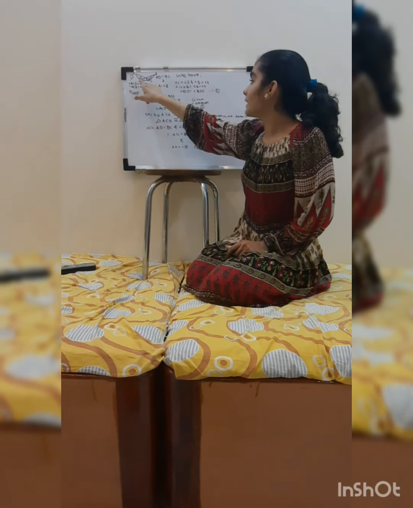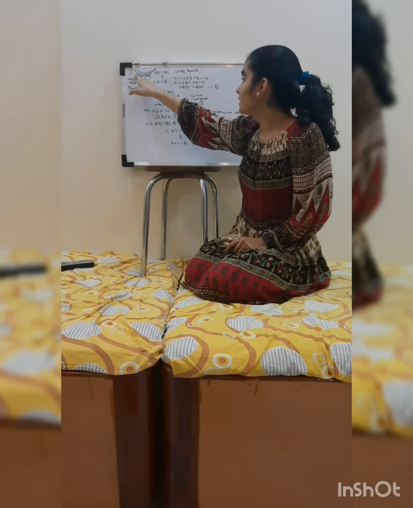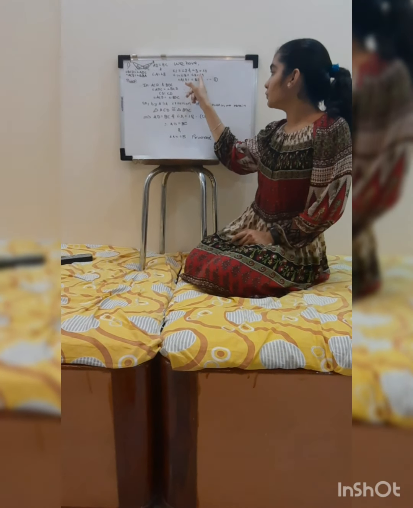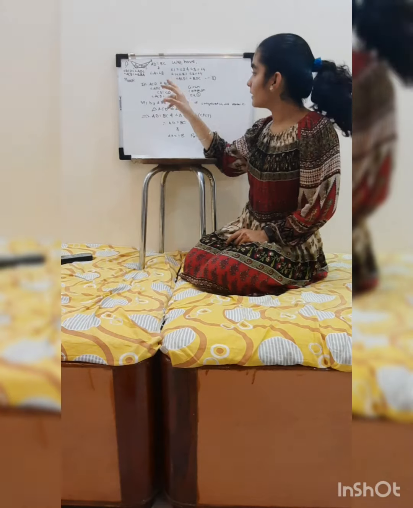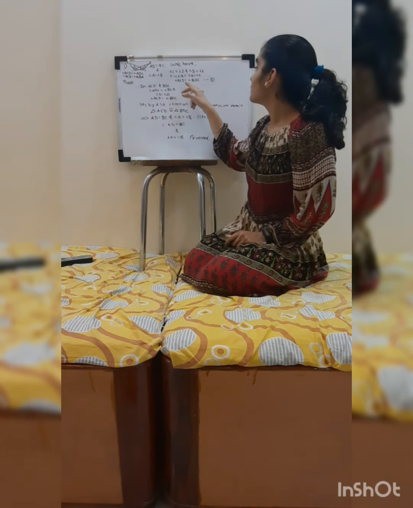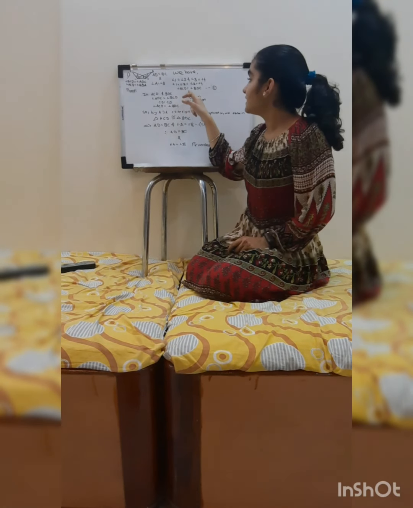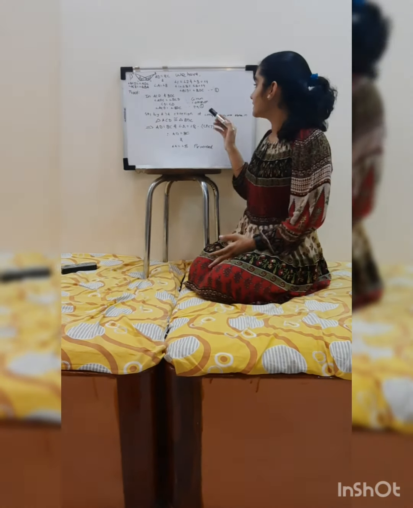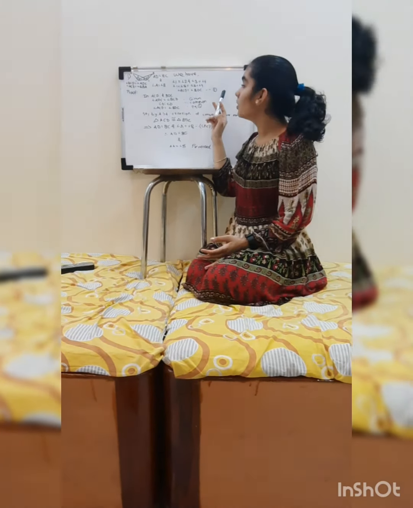So angle 1 plus angle 3 is equal to angle 2 plus angle 4. So it will become angle ACB equals angle BDC, and that will be our equation number 1.